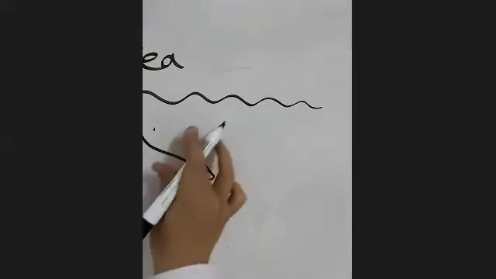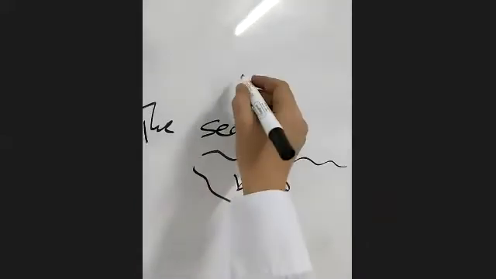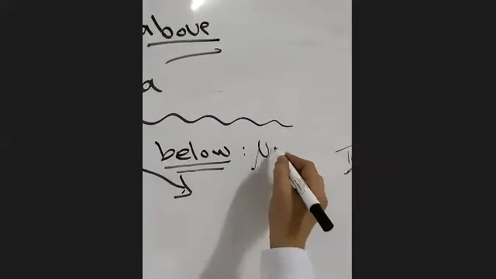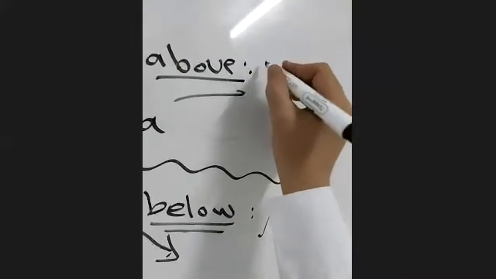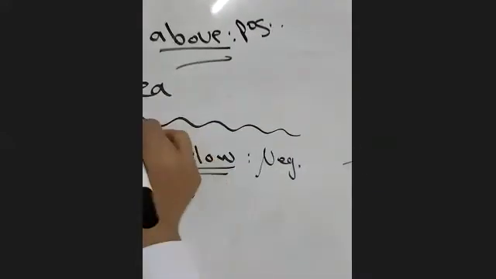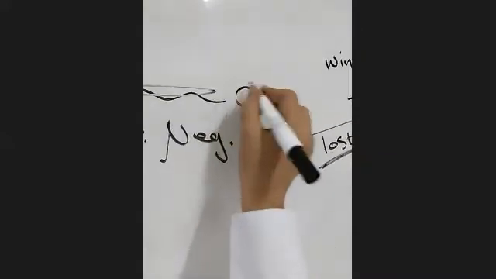Below the sea level. Below. And the opposite word, what is it, guys? Above. So if we have below, we are talking about what? Negative. And if we have above, we are talking about positive.